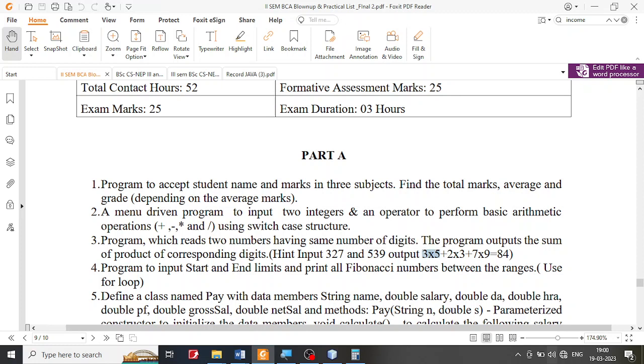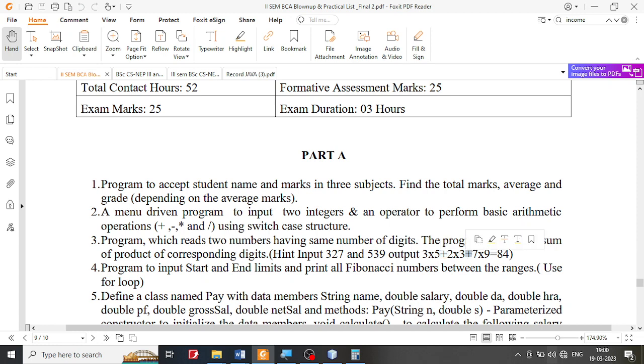So you got the first product. Take the second digit from the other number, that is 2. So 2 into 3, you have a second product, and then take the third digit, multiply it with the third digit, that is 7 into 9, and add all of them to get the final sum.